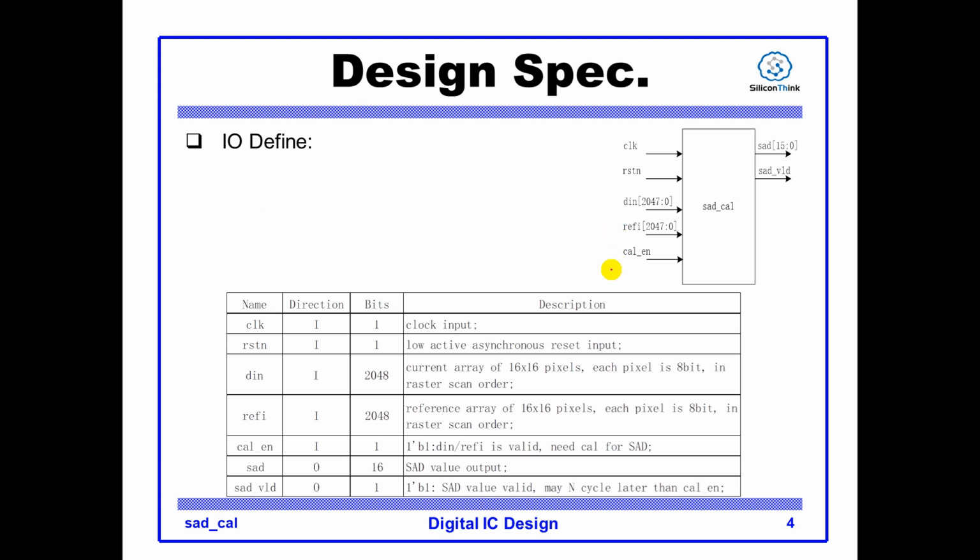This is the block diagram of the block. Clock, reset, current image data input, and reference image data input. So you will have 16 by 16 pixels and 8 bits for each pixel, so it will yield 2048 bits.